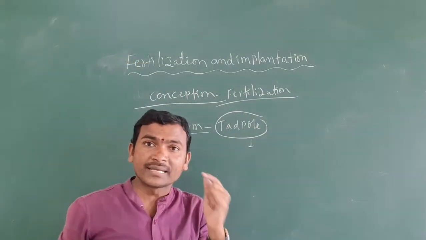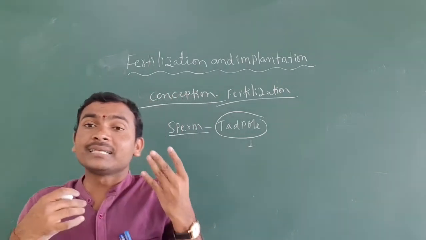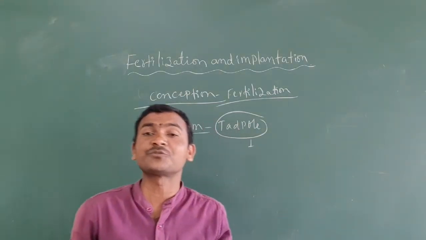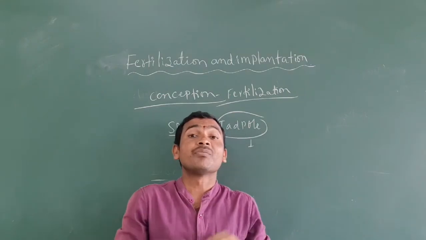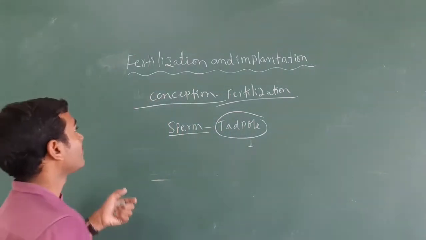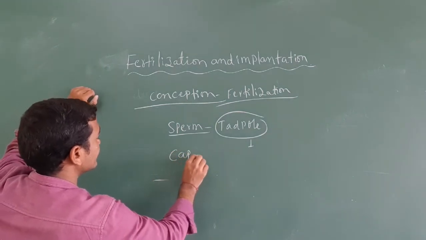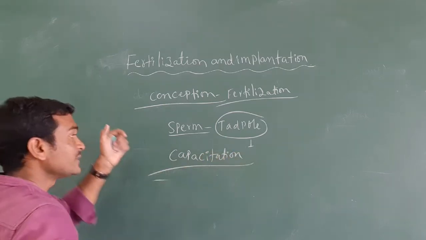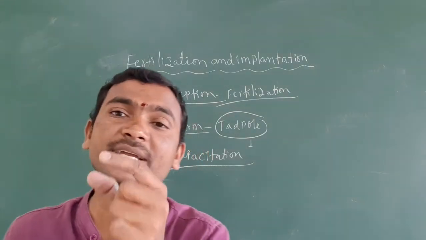When it enters the female reproductive organ, some physiological changes are observed for the entry of the sperm into the ova. These changes are called capacitation. Capacitation means the physiological changes of the sperm for entry into the ova.